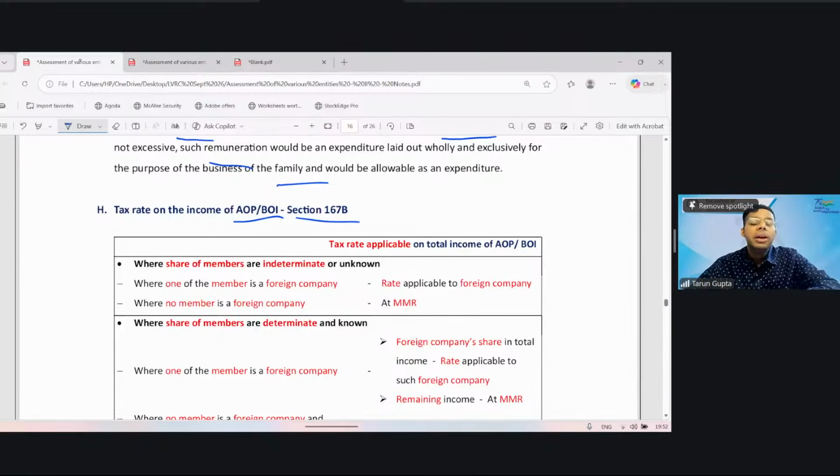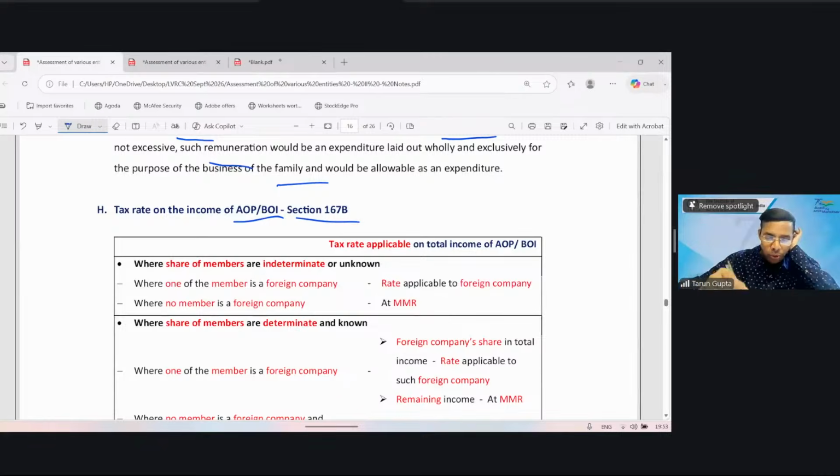Minimum means, in this case, if any of the members of the AOP or BOI is taxable at a rate more than the MMR, then the entire income of AOP or BOI shall be taxable at such rate. However, if no member of AOP or BOI is taxable at a rate more than the MMR, the total income of AOP or BOI is taxable at MMR.